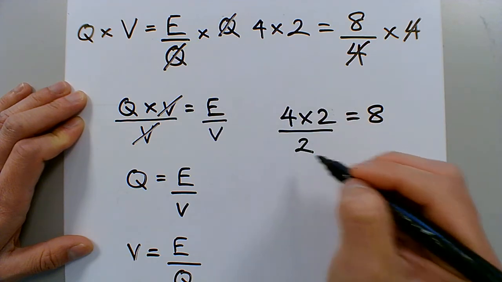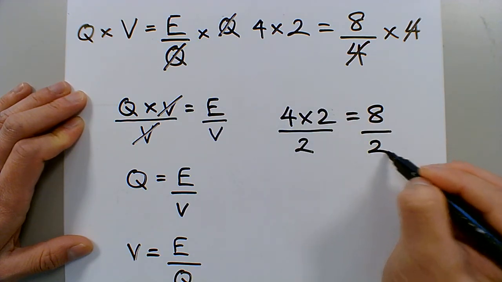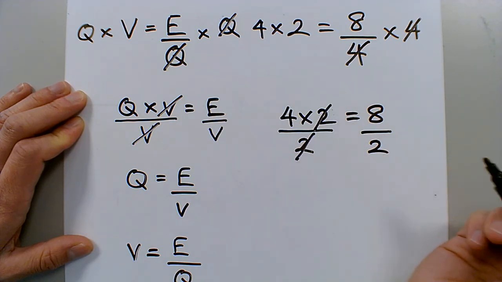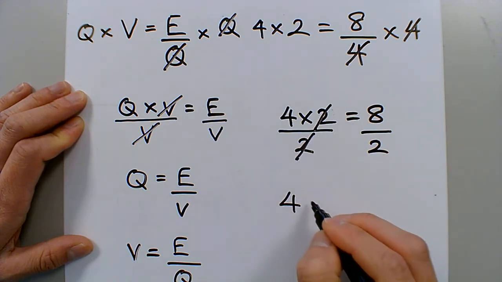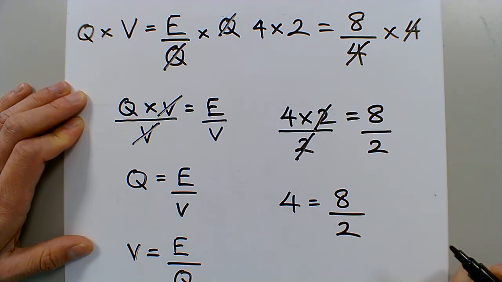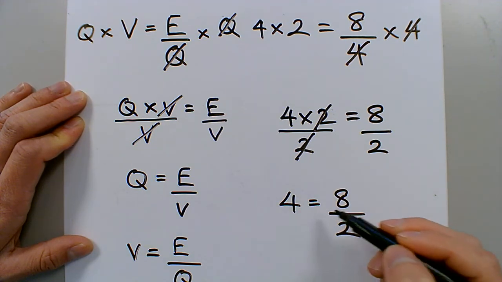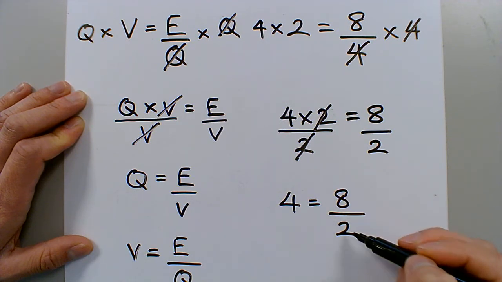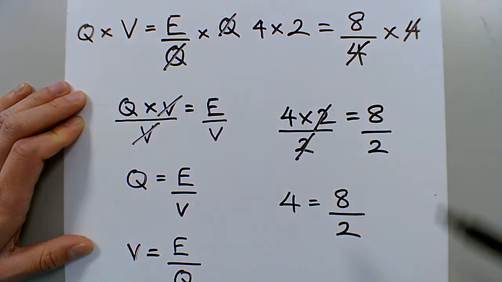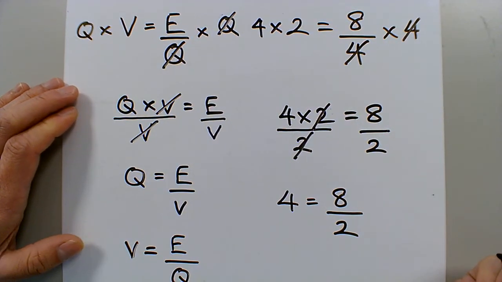And what I do on the left hand side, I do on the right hand side. The 2's cancel out. Rewrite the equation clearly on a different line. And 4 is indeed 8 over 2. If we divide 8 by 2, our answer is 4. Okay, so that just proves that this method works.